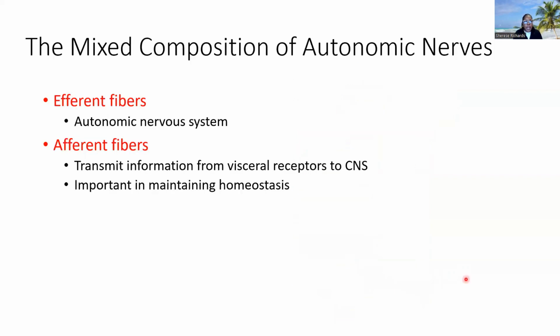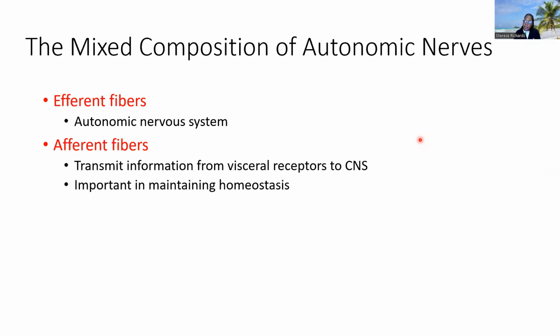Okay. Now, when we think about the autonomic nerves, these are going to be mixed nerves. As we can see, these have fibers that are going in both directions. So while we will talk about the general route of communication, understand that in a single spinal nerve, there are fibers that are moving to the central nervous system, right? These are afferent fibers.